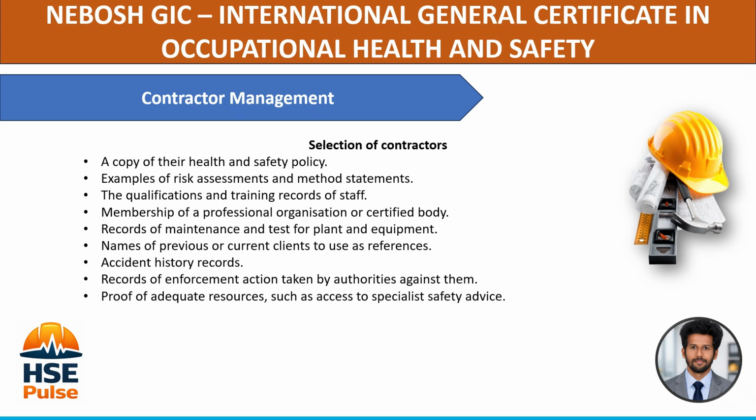A copy of the health and safety policy of the contractor company, examples of risk assessments and method statements, the qualifications and training records of the staff working under the contractor, membership of a professional organization or certified body of the contractor by any professional organizations, records of maintenance and test for plant and equipment, names of previous or current clients to use as references, previous accident history records including accident reporting form, accident investigation form, etc.